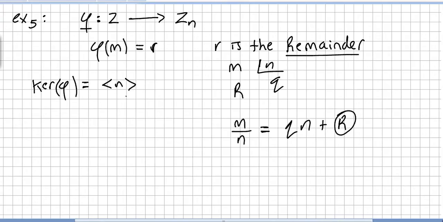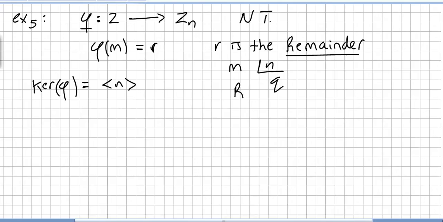This is very important. This natural homomorphism phi from Z to Zn has many applications in number theory.